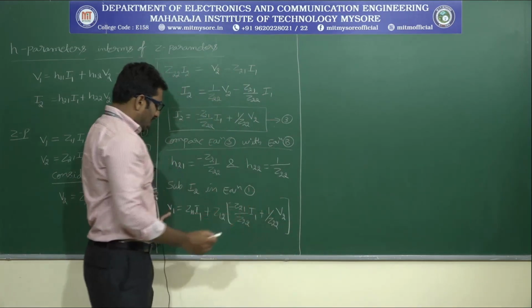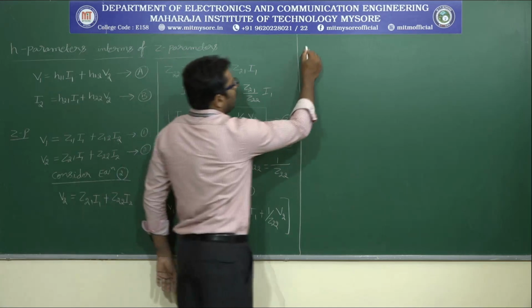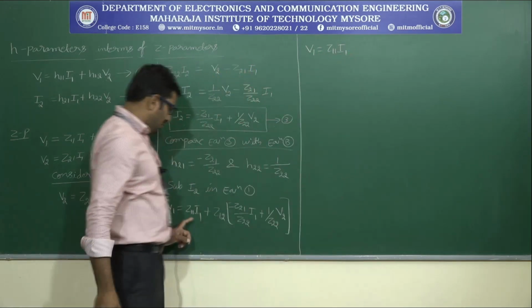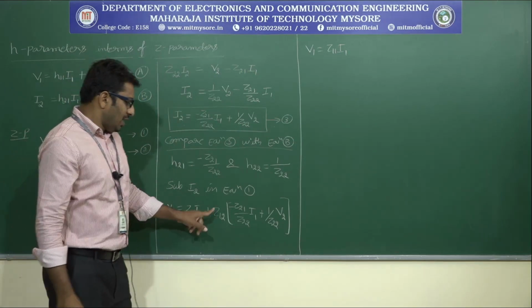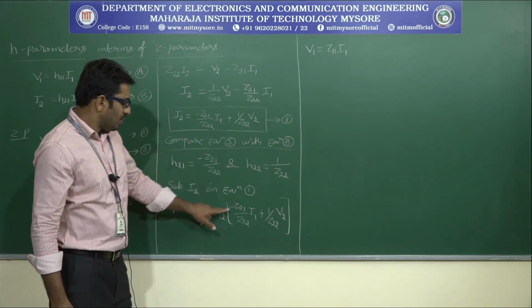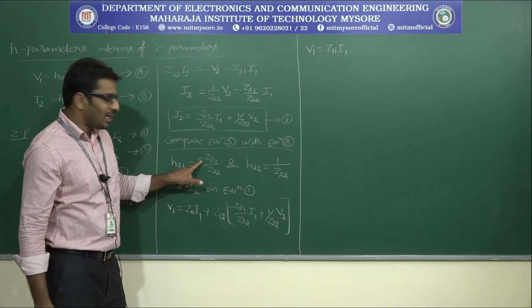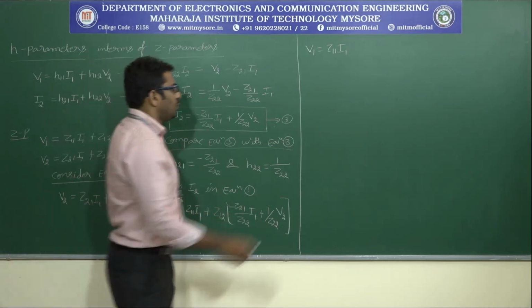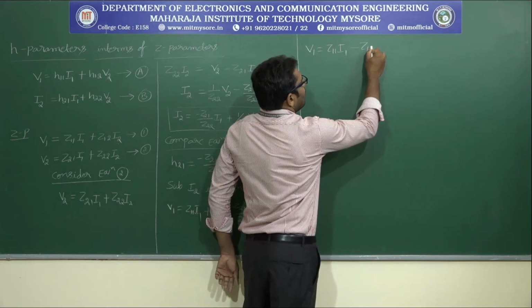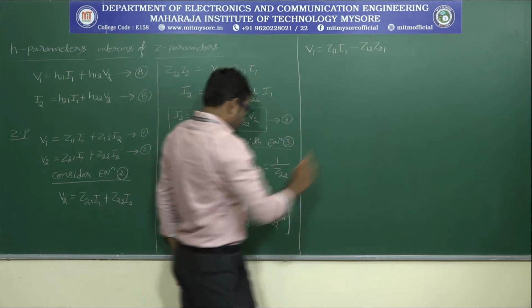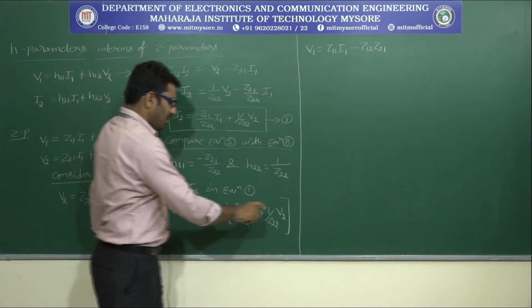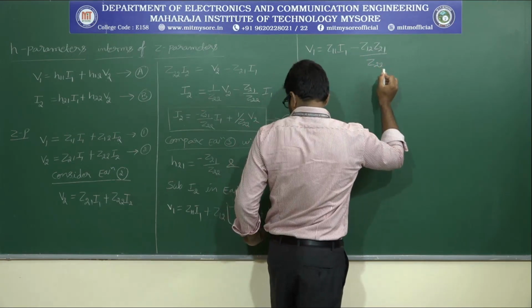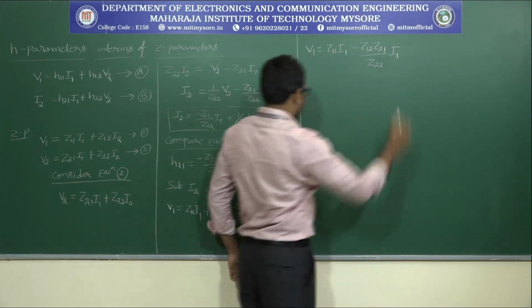Yes, V1 is equal to Z11 I1 plus into minus Z12 into Z21 divided by Z22 into the variable I1.